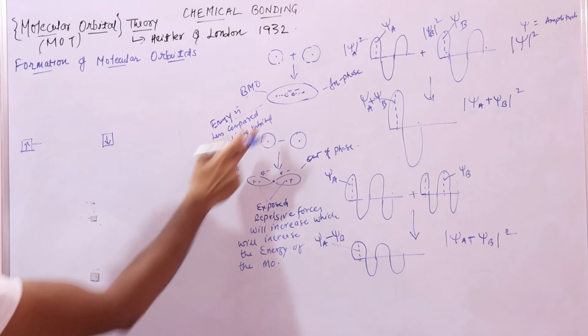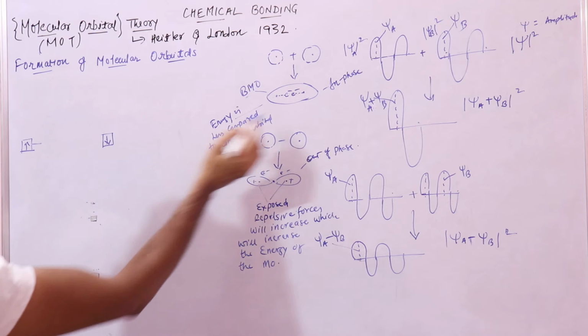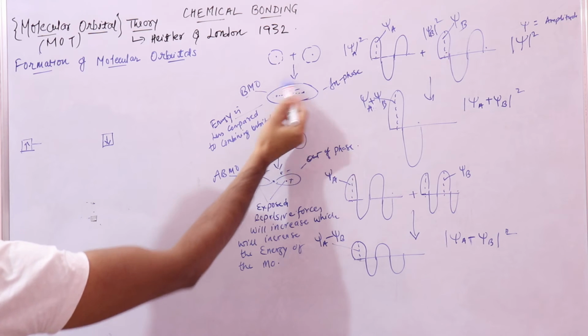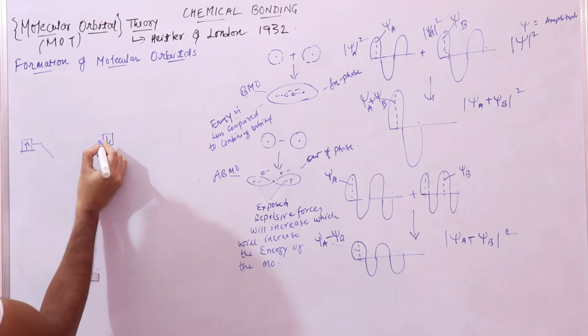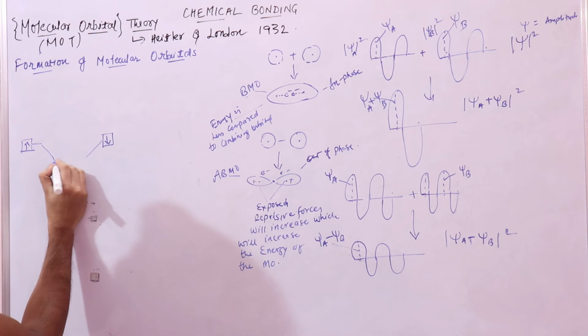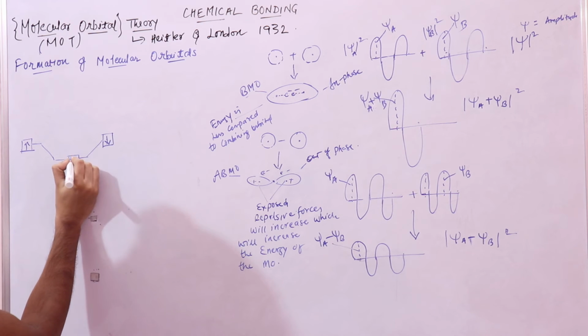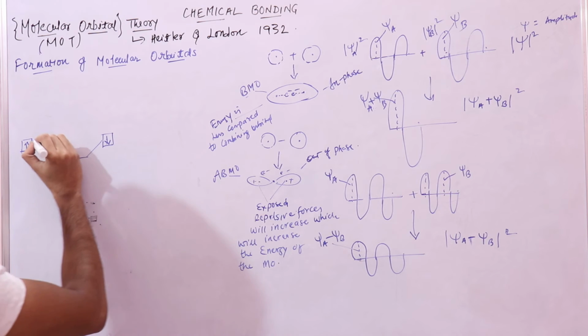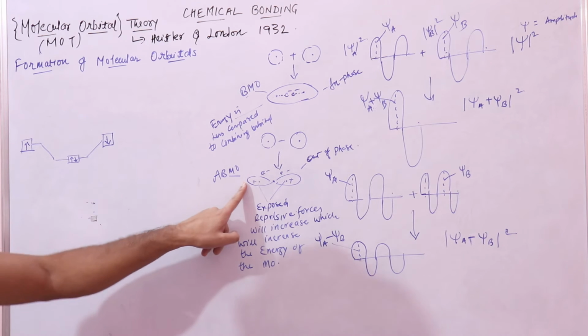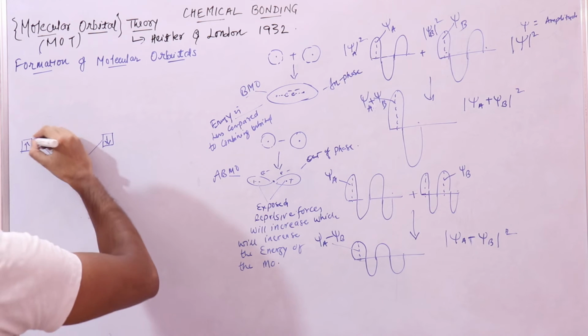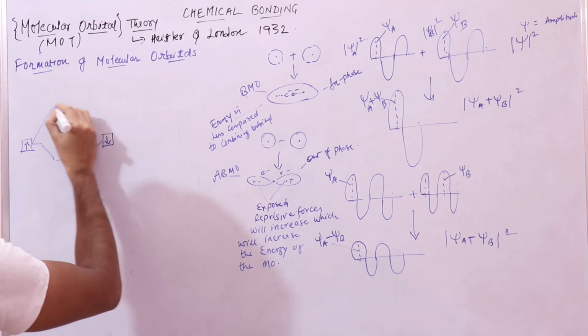When these two orbitals combine in this fashion, they will form this bigger orbital that has lower energy. So this is how we will draw it. And this molecular orbital has higher energy, so this is how we will draw it.